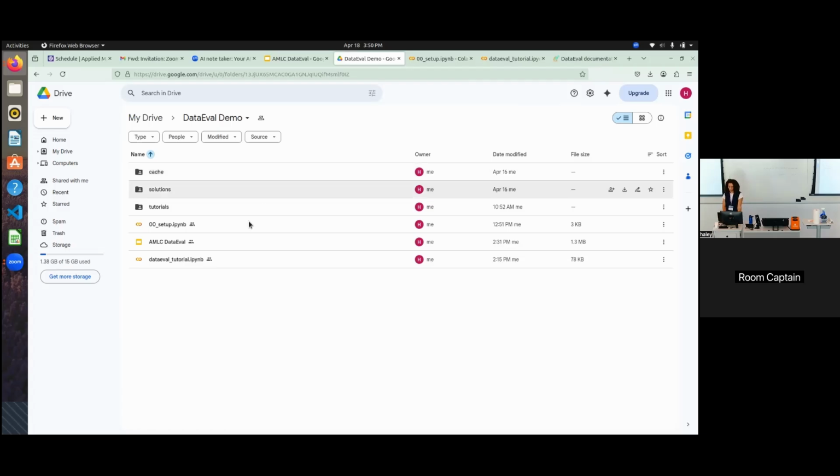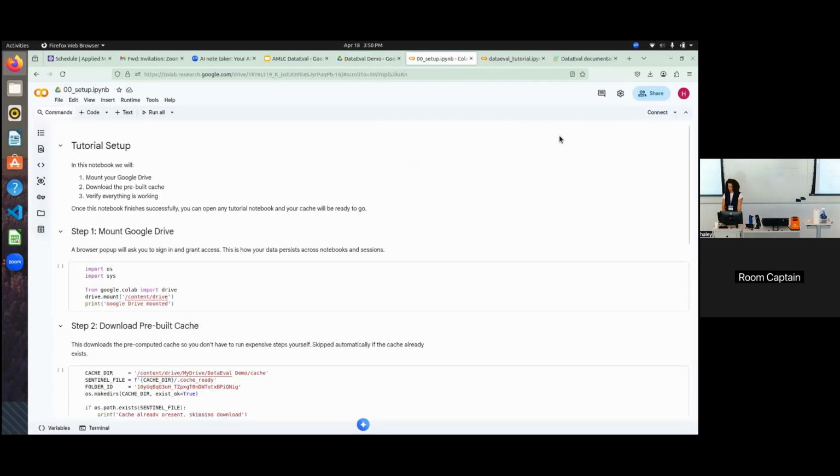But if you run this setup notebook, and connect, and then run all, you should be able to get that cache folder into your Drive.